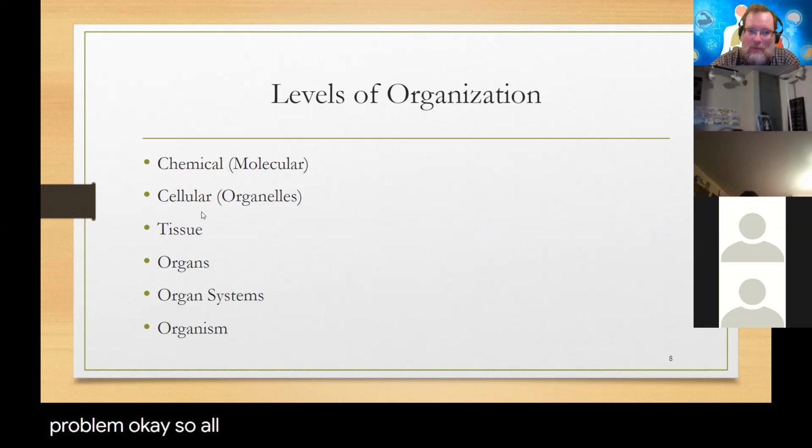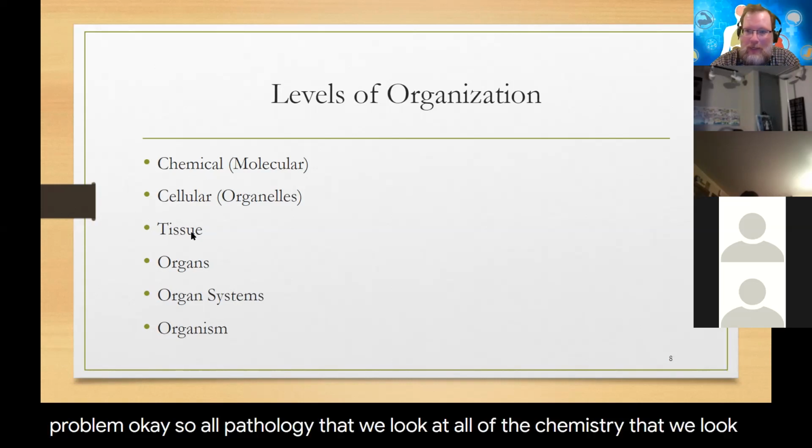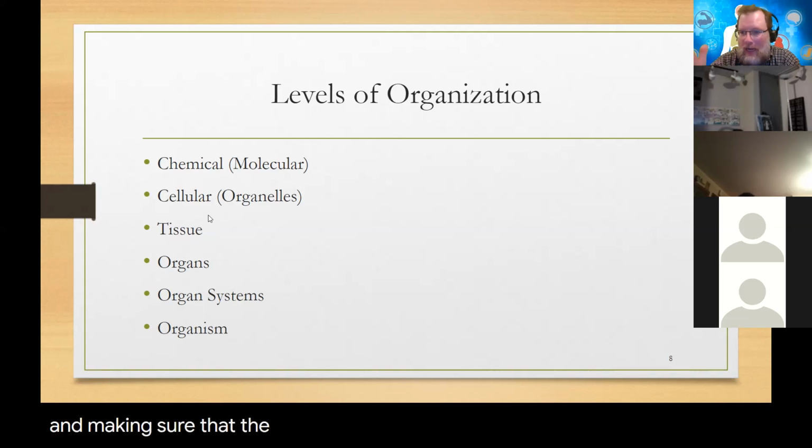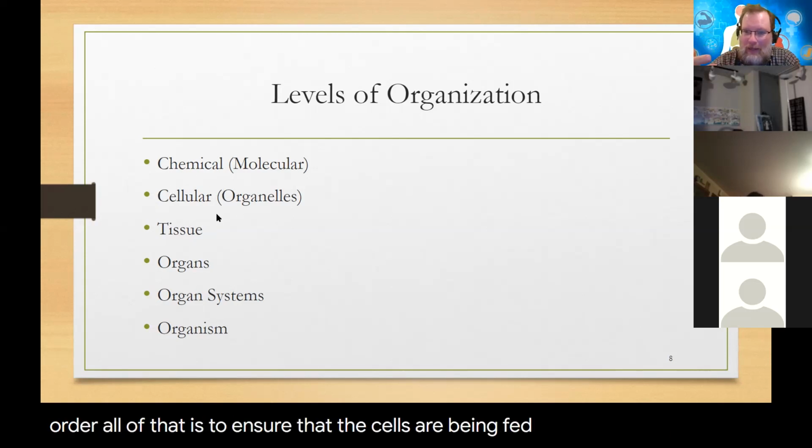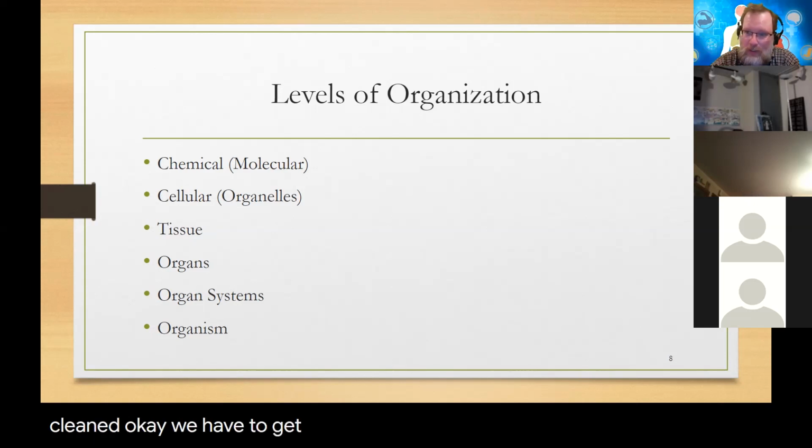So all pathology that we look at, all of the chemistry that we look at, and making sure that the pharmacology is in order, or the biochemistry is in order, all of that is to ensure that the cells are being fed and the cells are being cleaned. Okay, we have to get groceries to the cells, but we also have to take the garbage away from the cells.